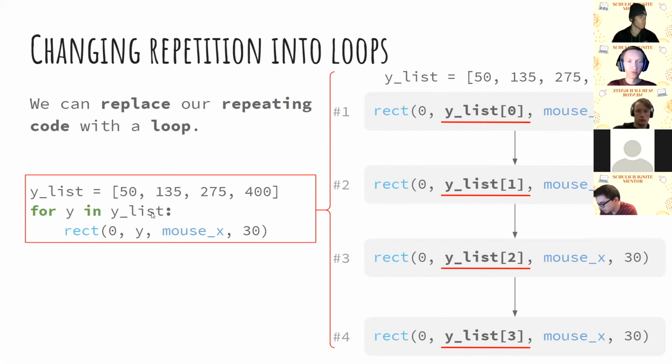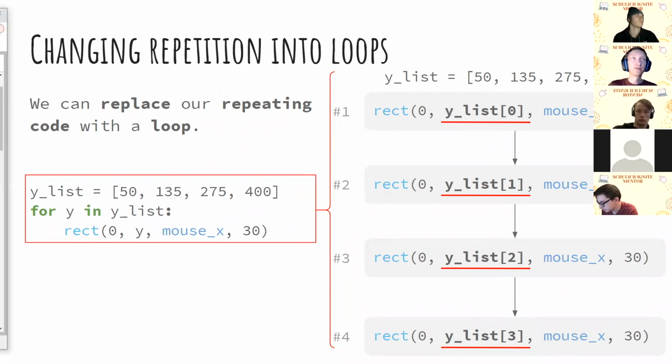We have our variable Y list. And then we have this line here, which is based on this line here. We've simply replaced the Y list accessing by index with our variable that's holding the value that we loop through.